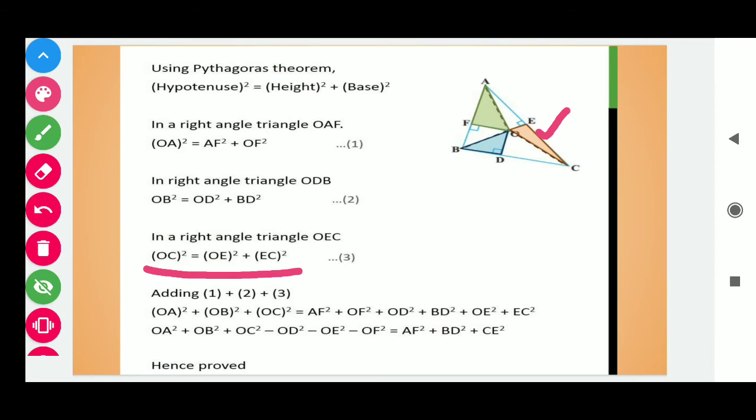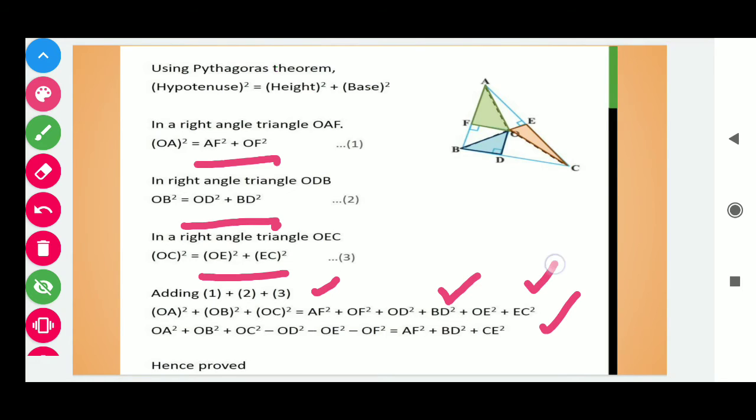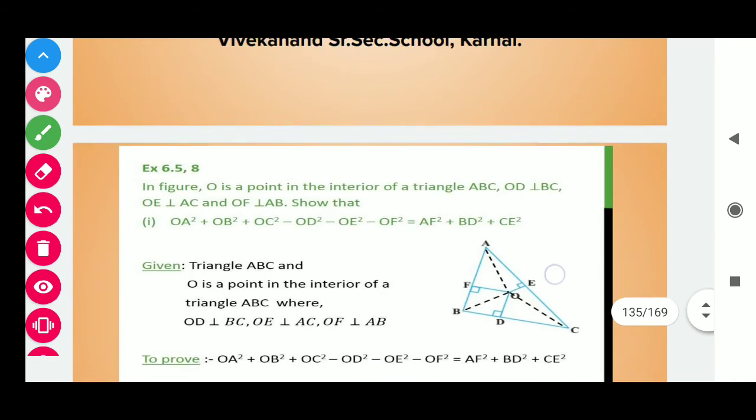Now, adding these three steps, we get OA square plus OB square plus OC square is equal to AF square plus OF square plus OD square plus BD square plus OE square plus EC square. In this way, by comparing with the required result, we leave AF, BD and EC square on the right hand side because we need to prove this result.